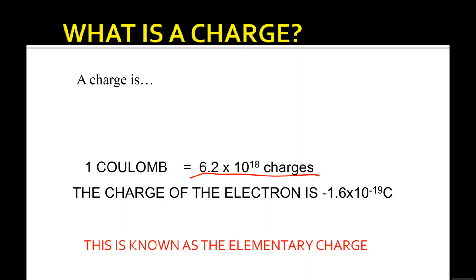If 1 coulomb is 6.2 times 10 to the 18 charges, 1 charge is 1 divided by that number. So if you do 1 over 1.6 times 10 to the negative 19 coulombs, you get, not 1 charge, 1 coulomb. 1 coulomb.